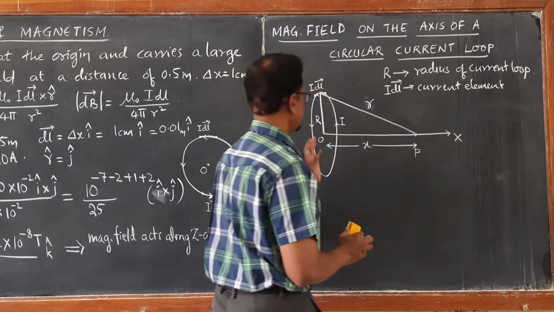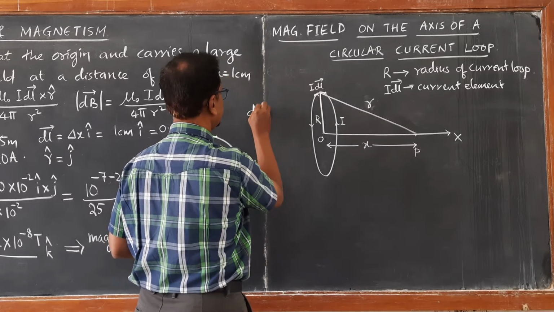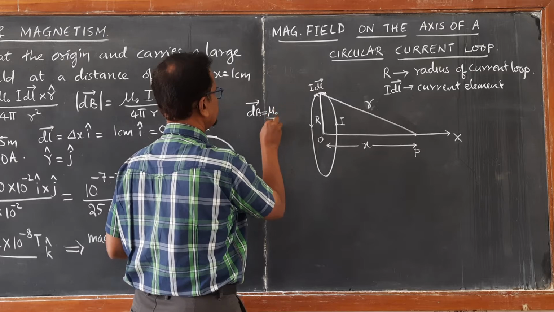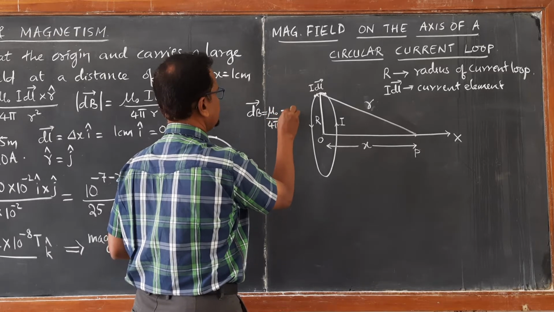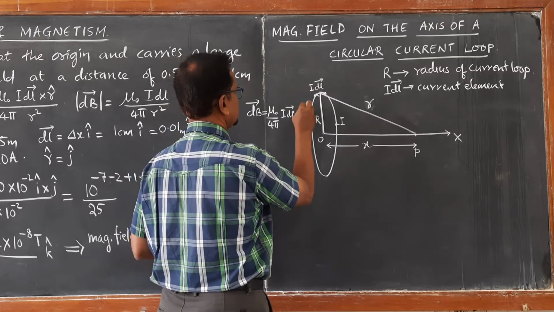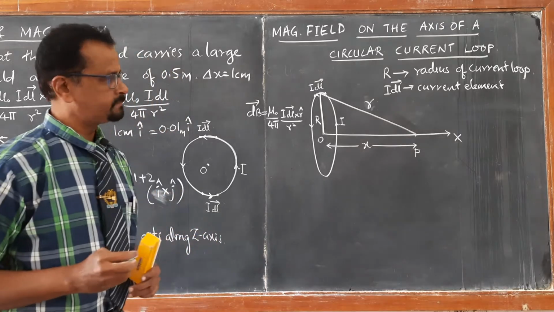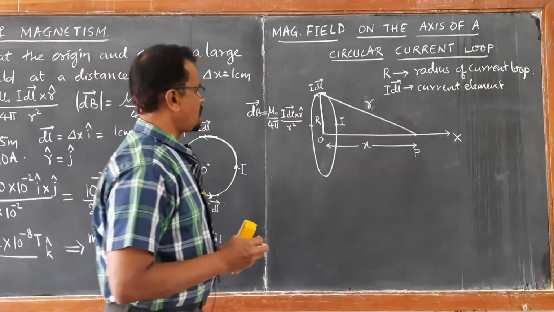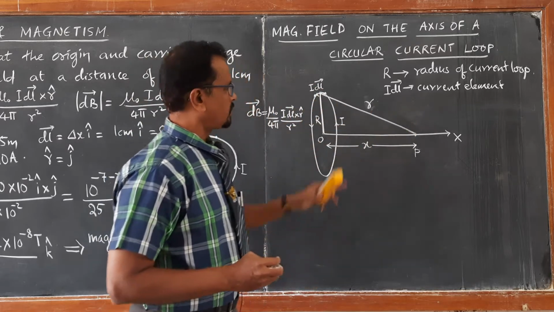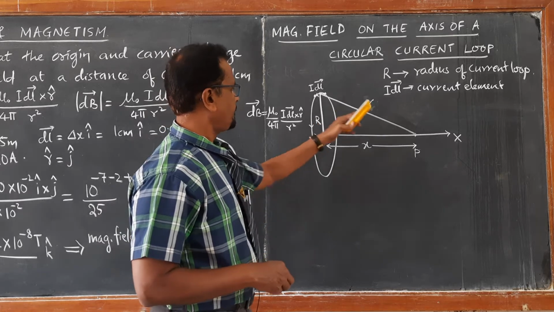So using Biot-Savart law, I can write vector dB equal to mu naught by 4 pi, Idl cross r cap divided by r square. Here r cap means it is along the direction of this position vector r, right?